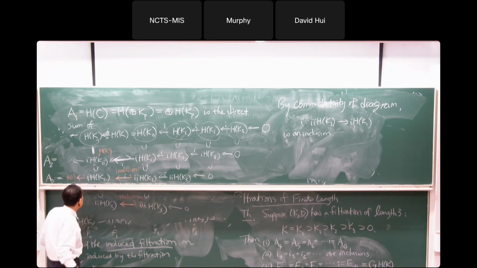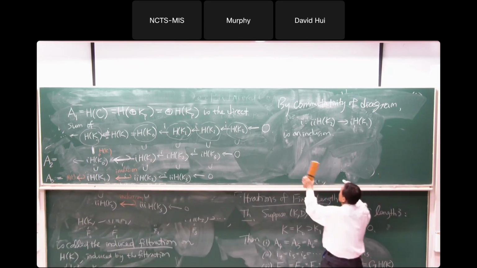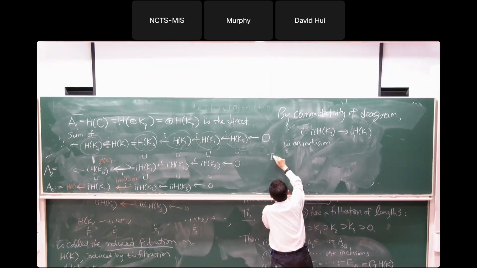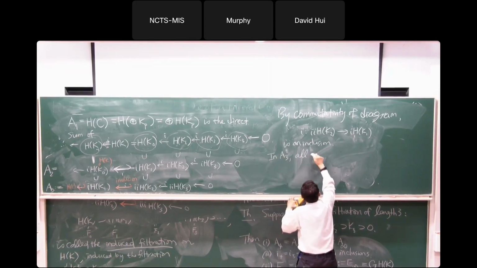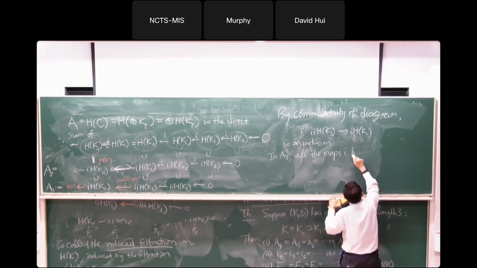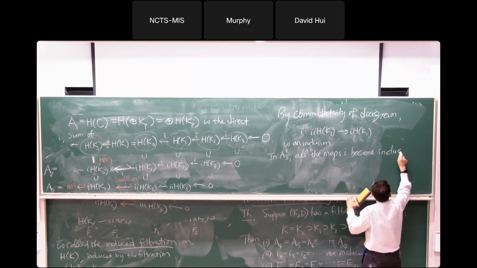Okay. So in A3, all the maps I become inclusions. All right?